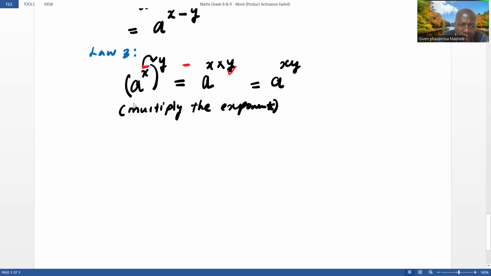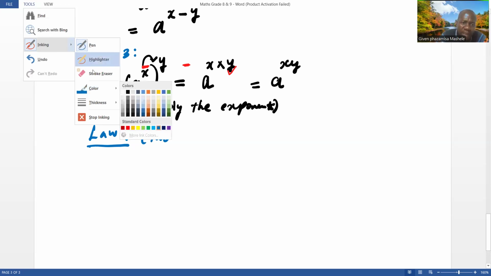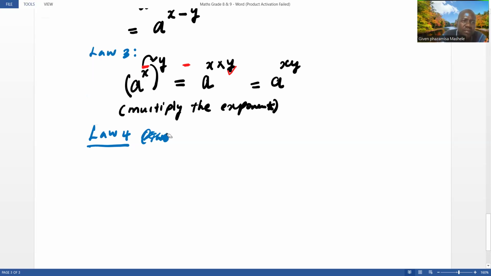All right, let's talk about law number 4. Law number 4 is the one where we're going to talk about bases with the same exponent.